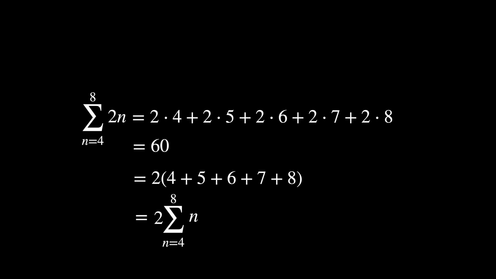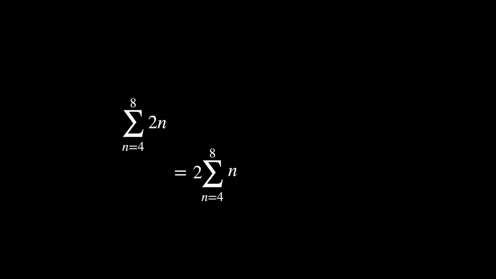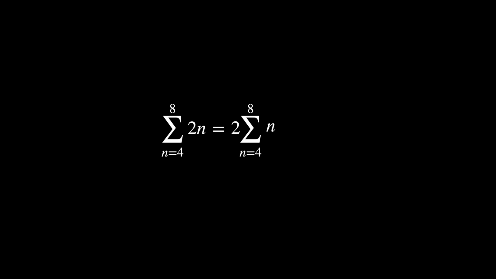In sigma notation, the sigma of 2n means you can take the 2 out. It's still going to be the same thing. The 2n comes out, it looks like that, and is exactly the same as that.